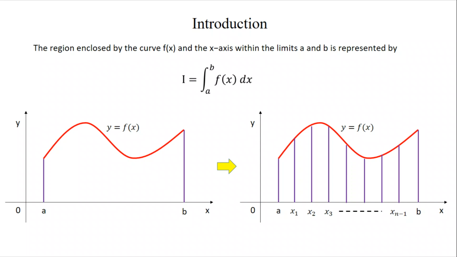Within this we divide the area under the curve using strips having the same width, or we can say step size. And these strips are joined by lines, and after joining the lines we will get some standard shapes.